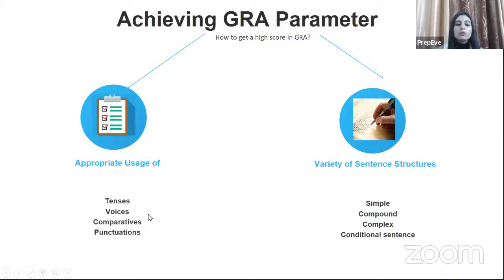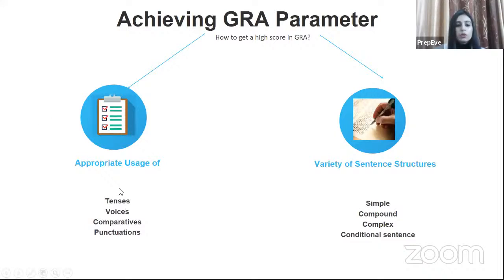So again, I would want you to write your essays, submit them with us, and then we'll see what kind of problems you're facing with grammar, and it'll be mentioned in your feedback, and then you focus on only those areas. Don't try to learn each and every part of the grammar. Yet again, I want you to remember that it carries just 25% of the weightage. It's not going to impact your writing a lot.